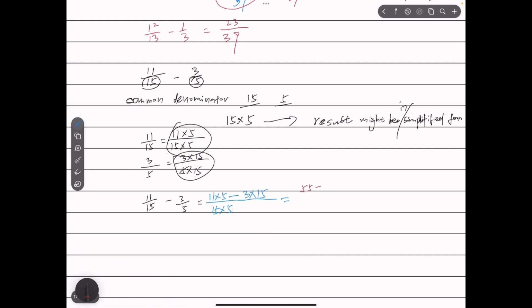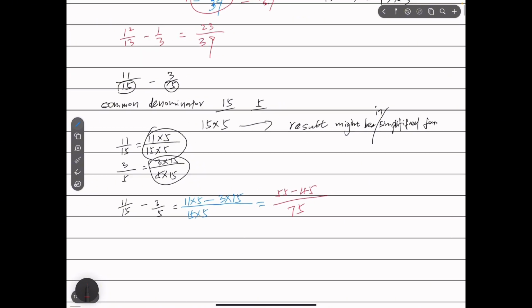That will give us 55 minus 45 over 75. That will be 10 over 75. Now we know 10 is 2 times 5 and 75 is 5 times 15. So we can cancel out 5 and 5, so leave 2 over 15.